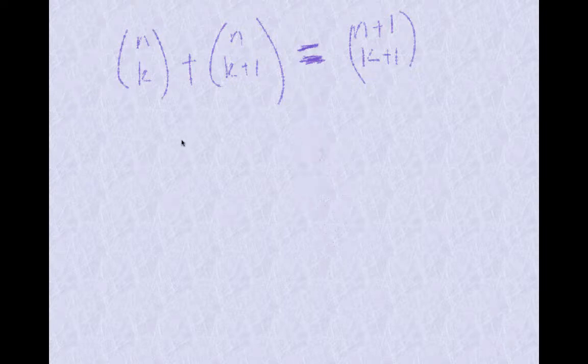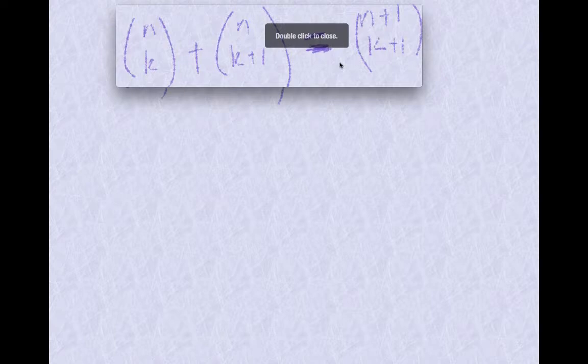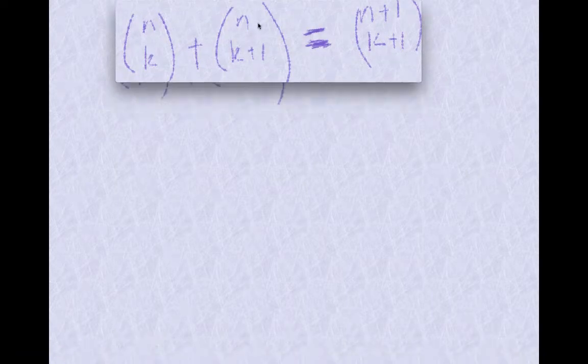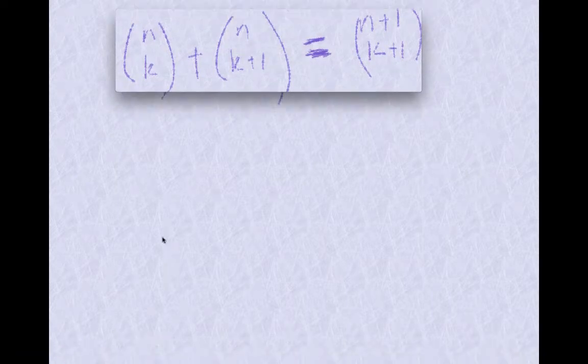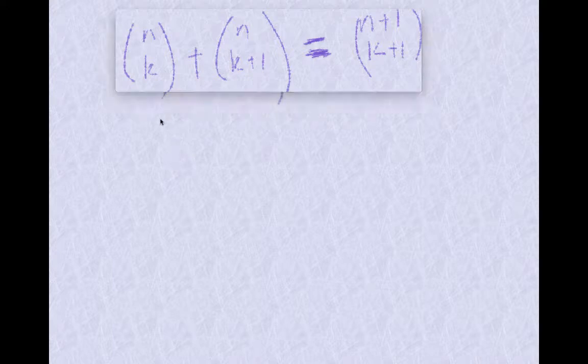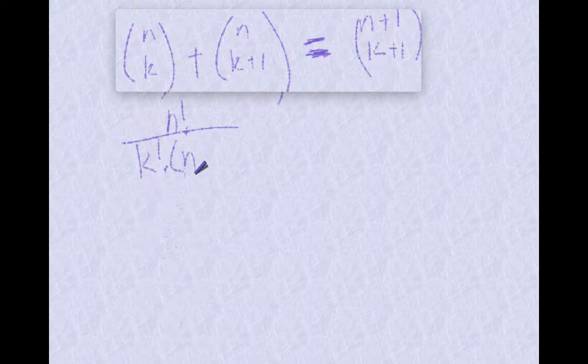I'm going to start by writing out what these are by definition. So this is n factorial over k factorial times n minus k factorial. That's the definition of n choose k.